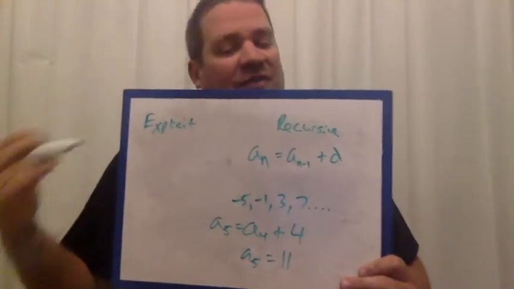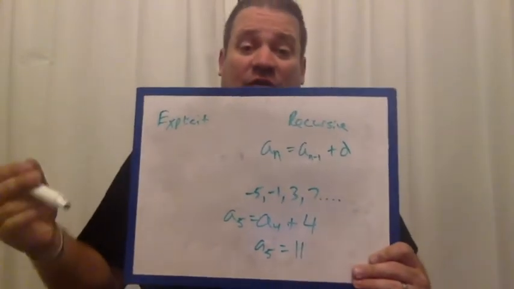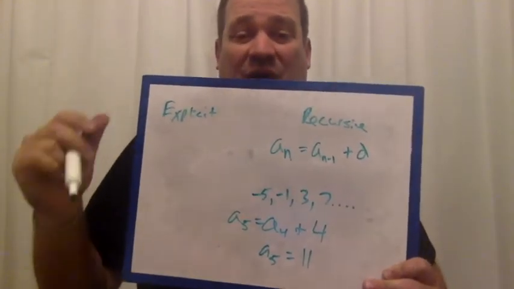Now, I said the explicit rule is far more useful. It's also a little more complicated. Okay, so what do I have to do for the explicit rule?